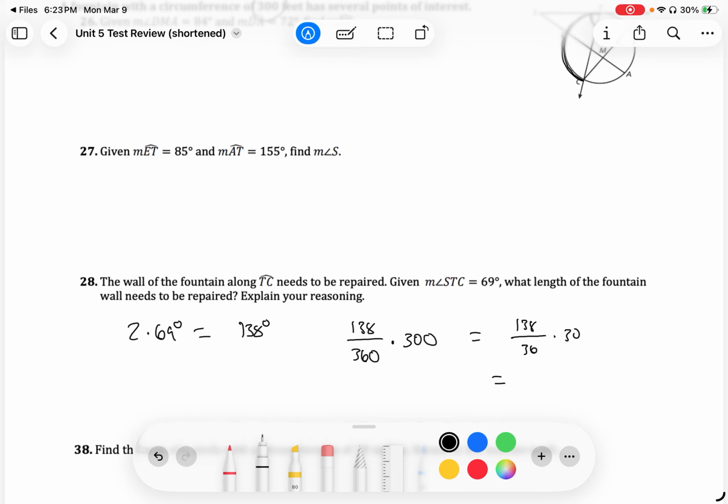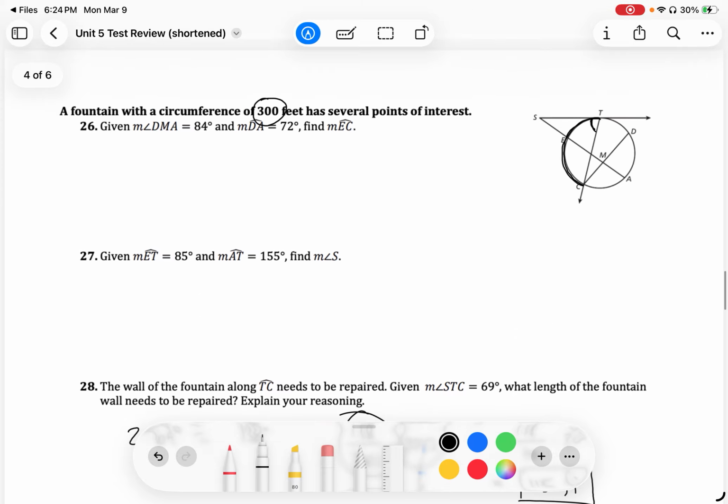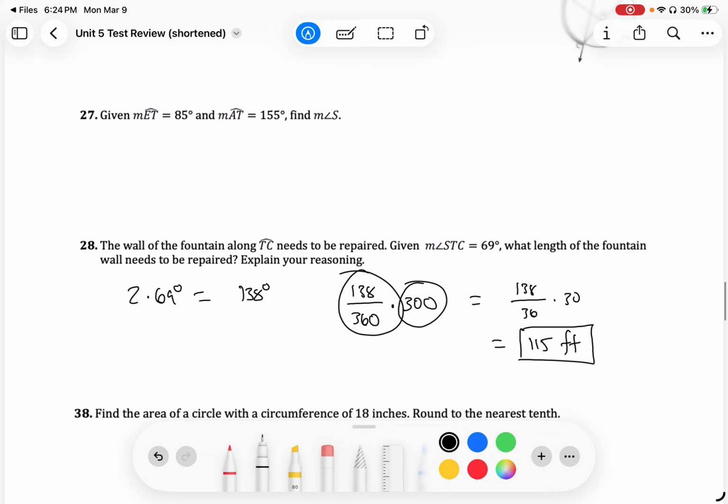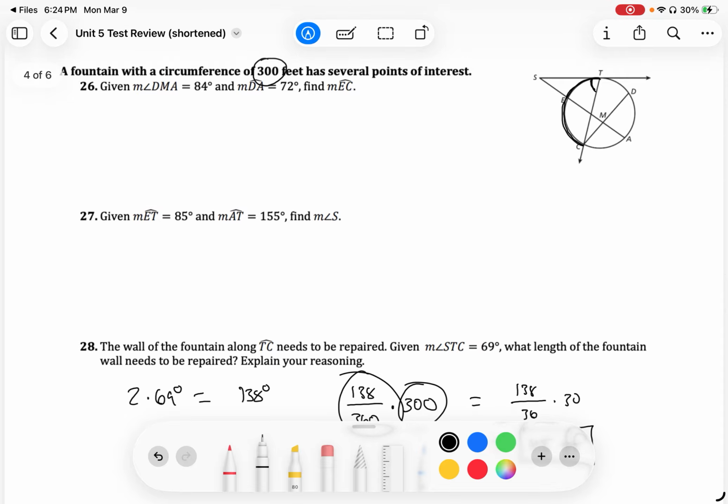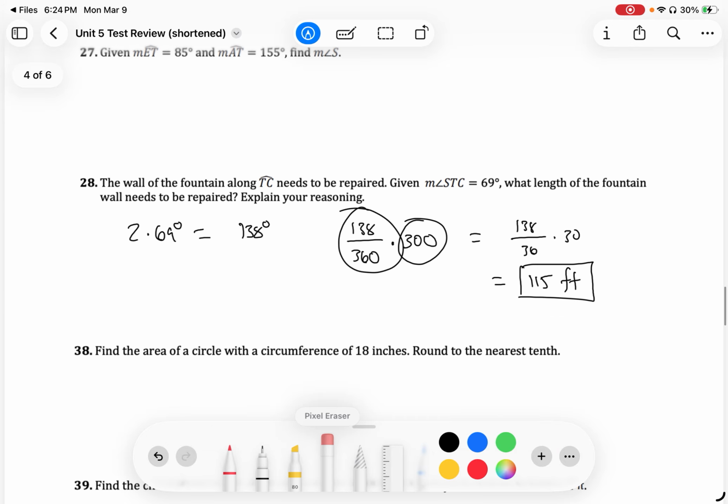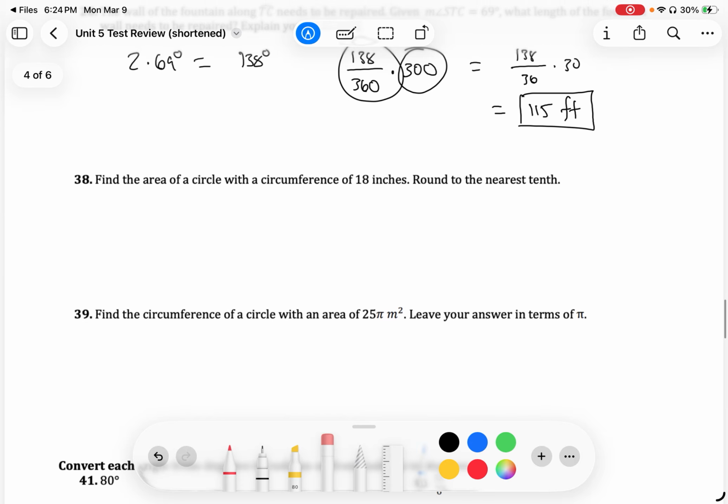So 30 divided by 36 times 138 is 115 feet. I basically took my circumference, multiplied by the proportion that I had, and I end up with 115 feet, which, if it's 300 feet around, makes sense that it would be a little bit less than half.